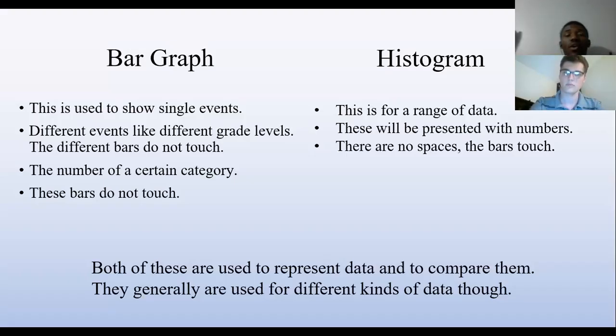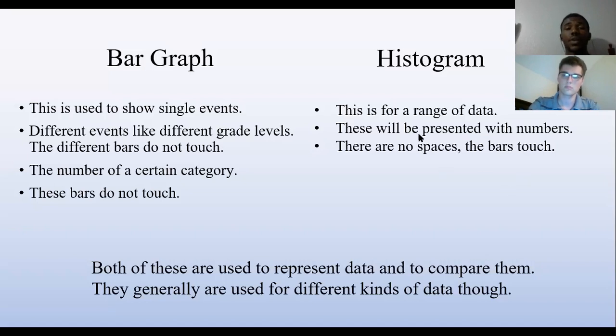Well, a bar graph is used to show single events. Different events like different grade levels, and with a bar graph, the bars do not touch at all. The number of certain categories, these bars, again, they don't touch.